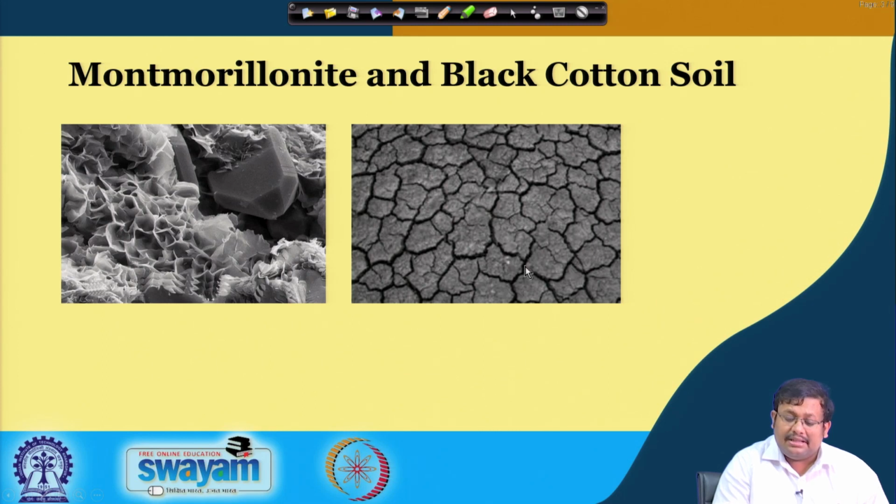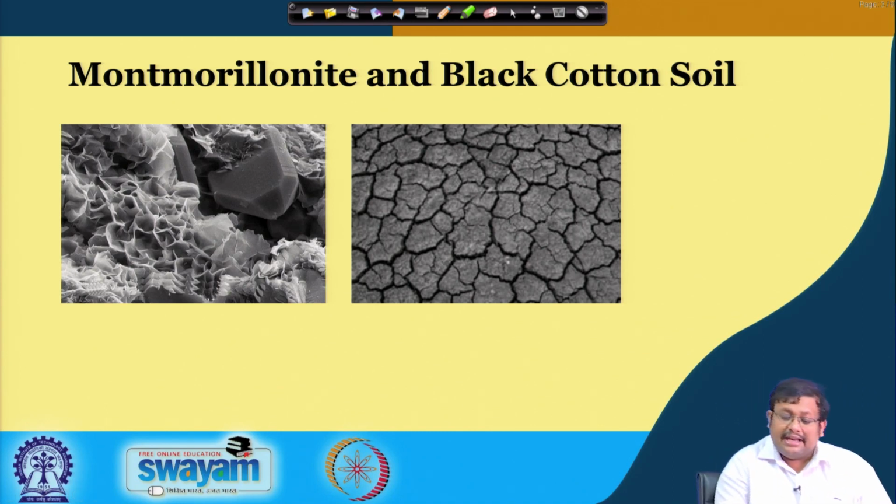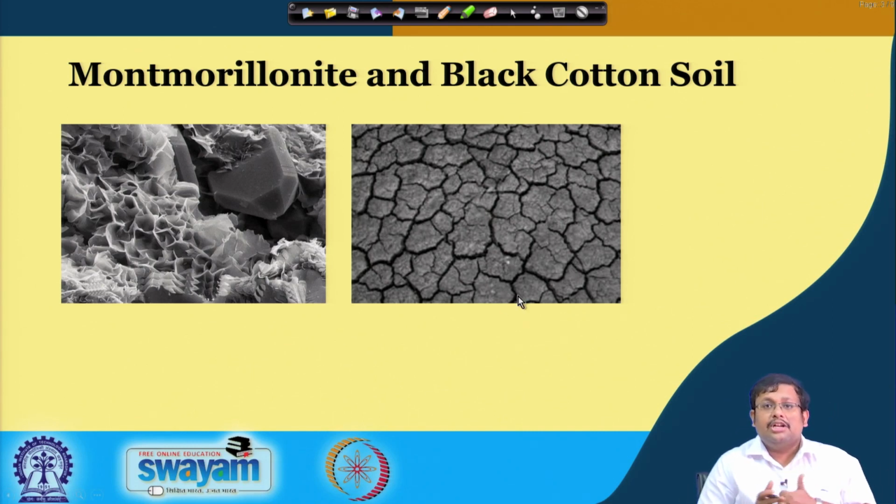They develop these large cracks during the summer season, where there is no water and water is dehydrated from the soil. As a result, there will be large cracks, as you can see. And during the monsoon season, when there is further water movement, these cracks will be closed. So, this is called the periodic swelling and shrinkage property of montmorillonite.